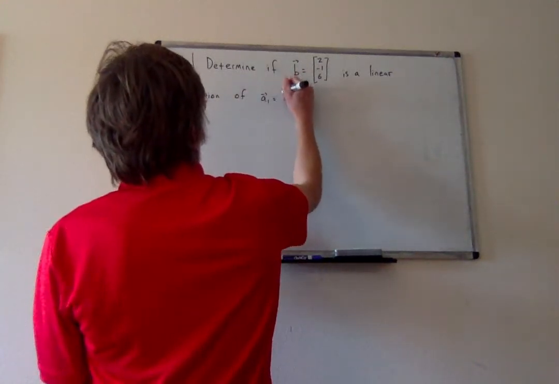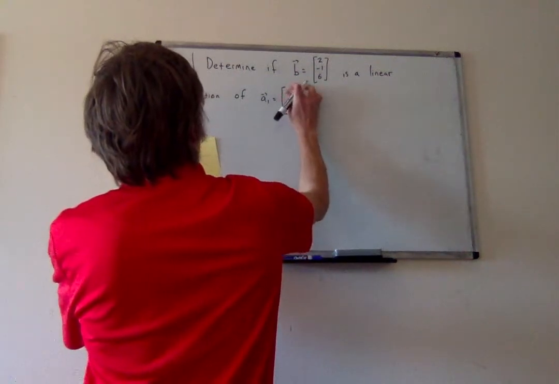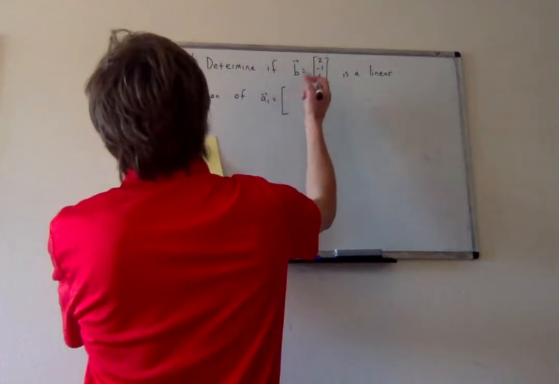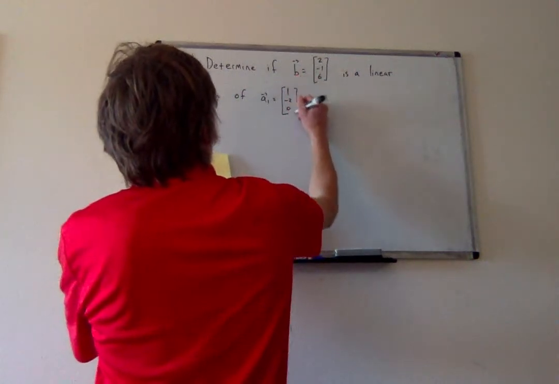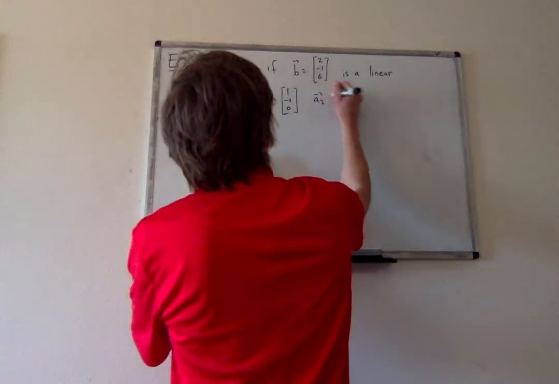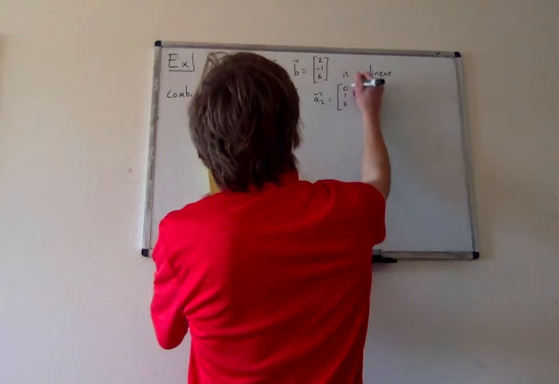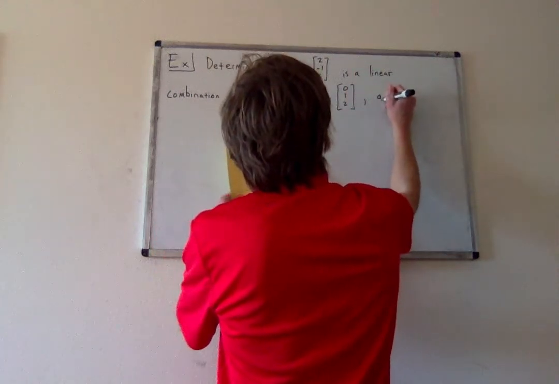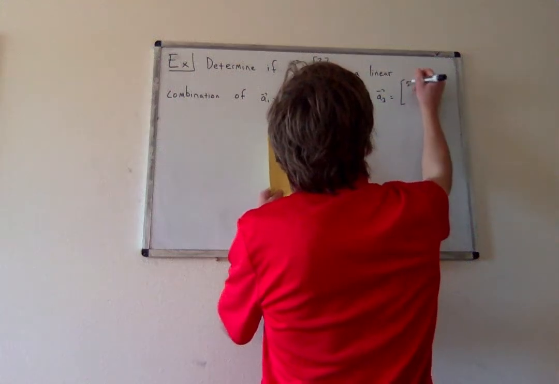A1 equal to [1, -2, 0], A2 equals [0, 1, 2], and A3 equals [5, -6, 8].